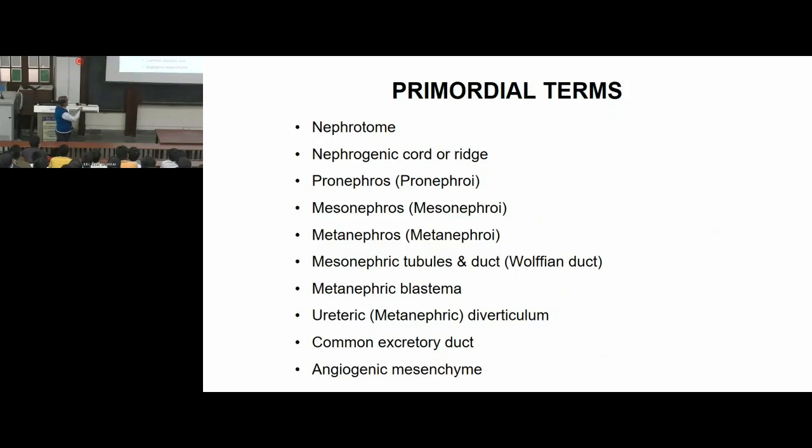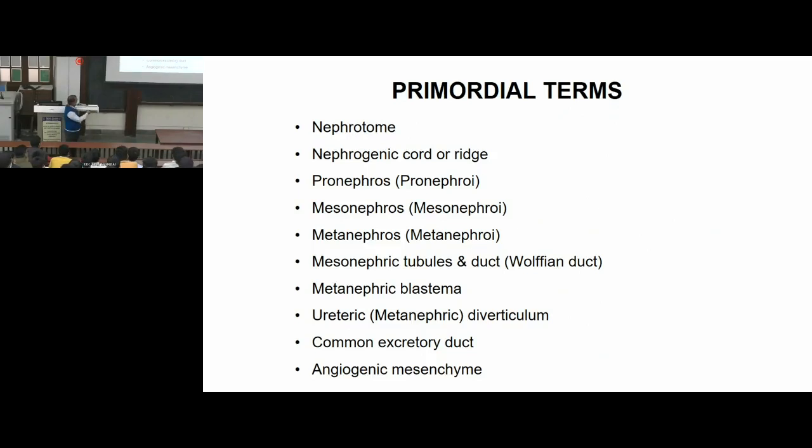Then pronephros, mesonephros, metanephros. As the name suggests, pro is one that comes first, meso in between, and meta that comes after. So pronephros, mesonephros and metanephros appear in that sequence. Then mesonephric tubules and duct. The mesonephric duct is also called the Wolffian duct.